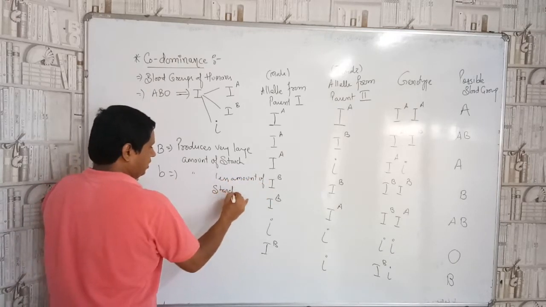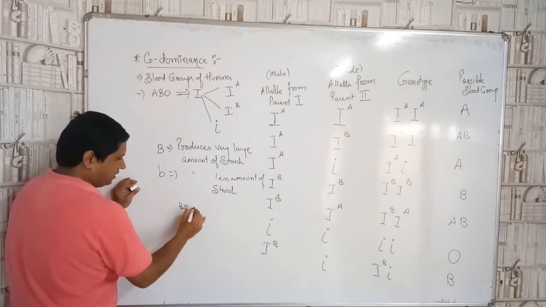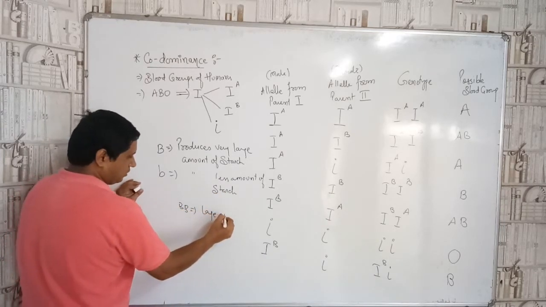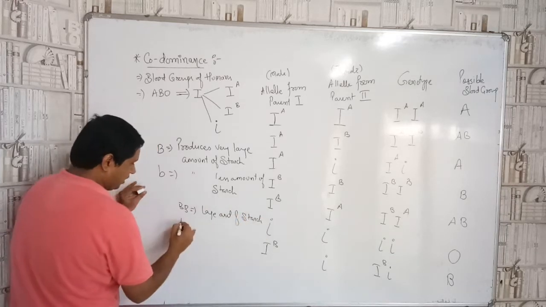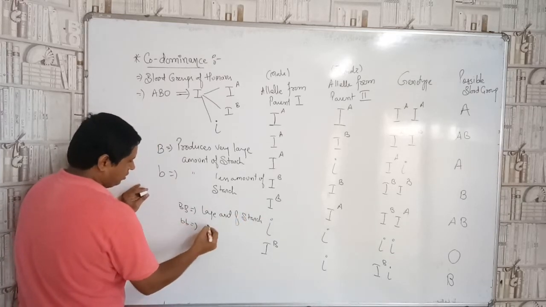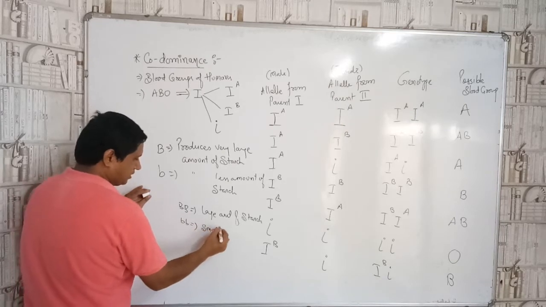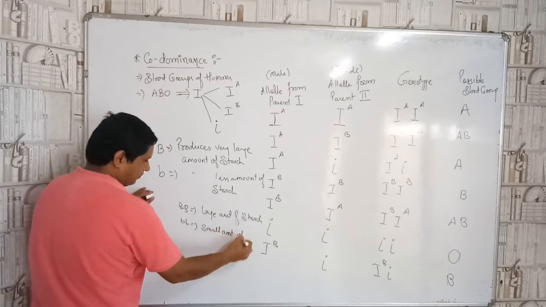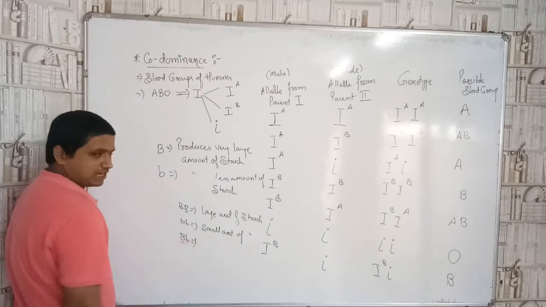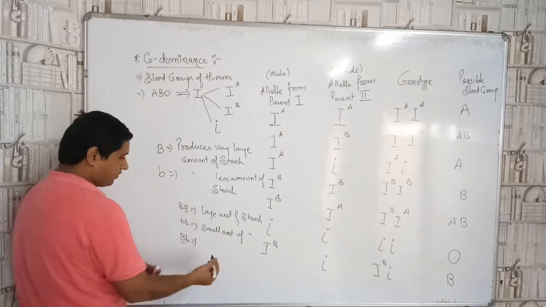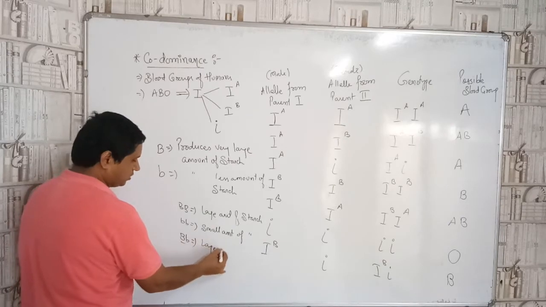Now if at all BB is produced, so what happens? Large amount of starch. If bb is produced, then small amount of starch. But what if Bb is produced? The mixing, or we can say it produces a large amount of starch.